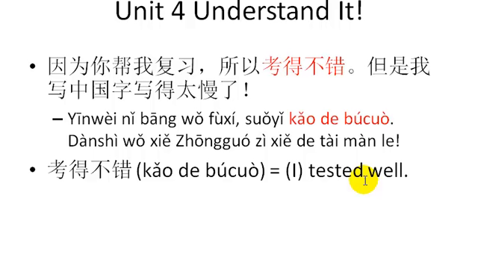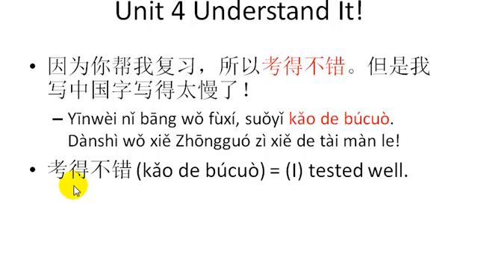I tested well. I ate well. I competed well at the chess competition or something like that. So one language likes using adjectives to express these kinds of things, focused on the individual, and the other language likes to modify the verb instead of the individual. So that's just something you're going to have to keep in mind and get used to.